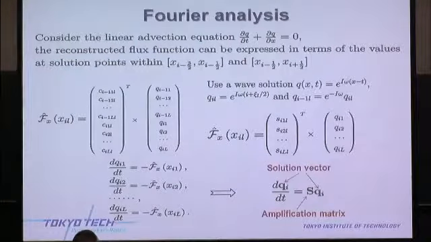Okay, Fourier analysis is just straightforward. If you use a harmonic wave solution, and for this linear advection equation, where the advection velocity is unity, you can put this in a scheme, and finally you can have a semi-discretized equation like this.